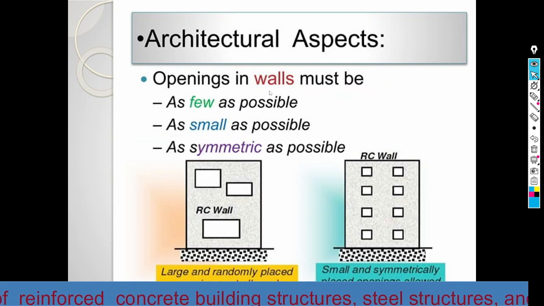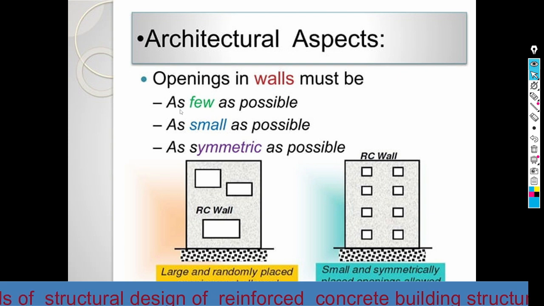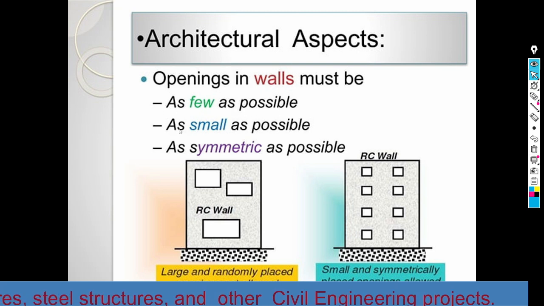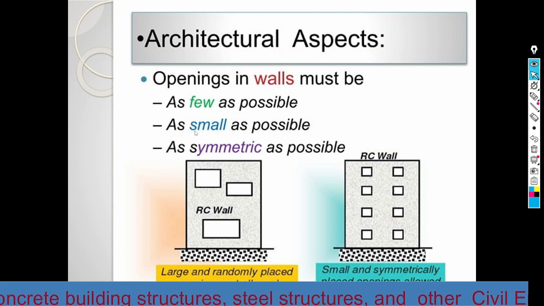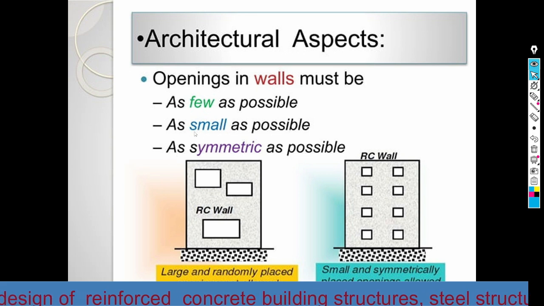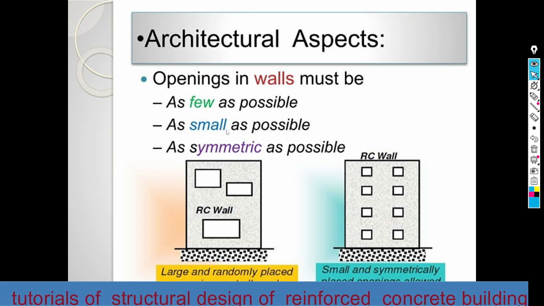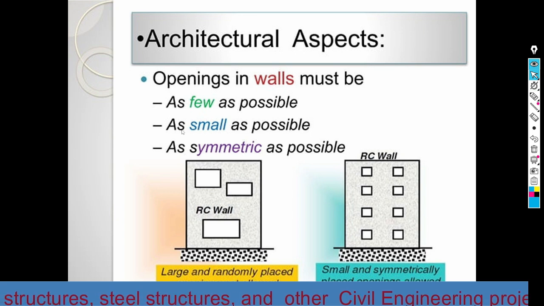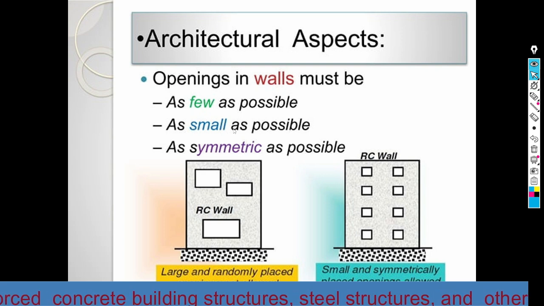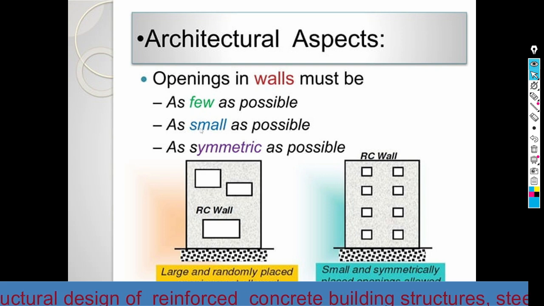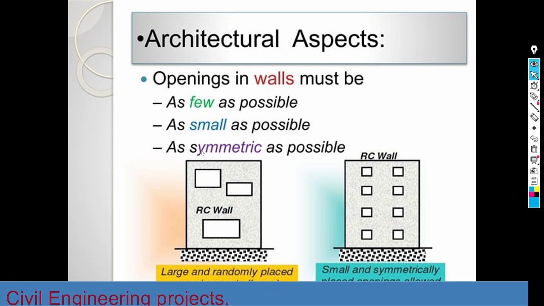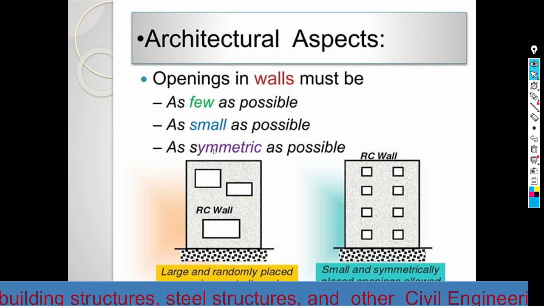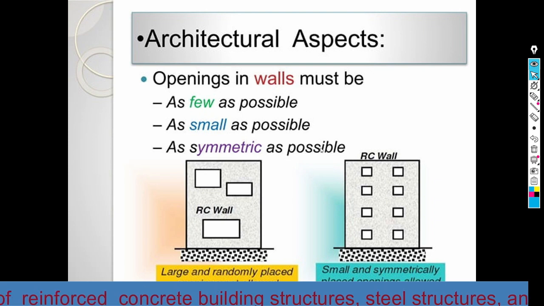And openings in walls must be as few as possible. So we should avoid using a large number of openings in walls, and as small as possible. That means the size must also be small. We should not use wider openings on walls, because those openings will reduce the effective cross-sectional area of the wall. And also, we need to arrange the shear walls in a symmetric manner as much as possible.